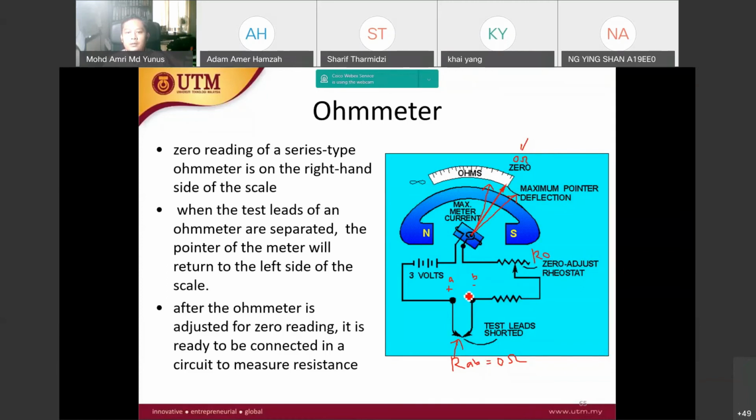When we open here, it means there is no current, I equivalent to 0, no current flowing through the PMMC, no deflection. The needle returns to its original position, and this we label as infinity ohm.